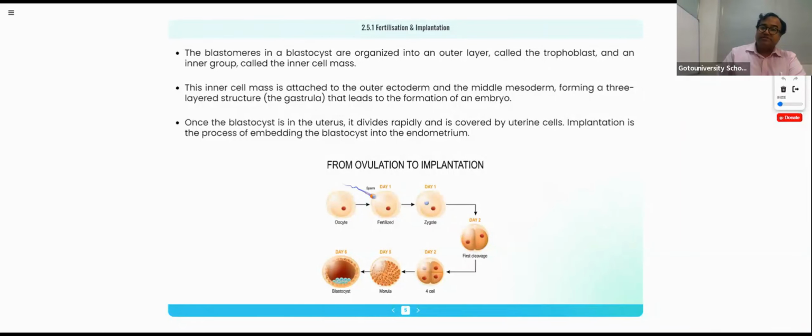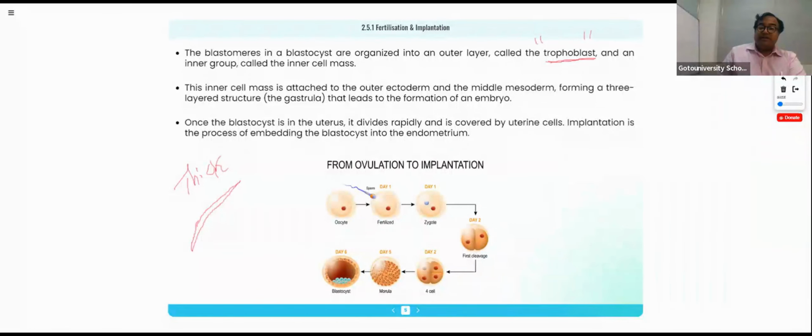This blastocyst structure indirectly denotes a thick layer formed around the group of blastomeres, not a thin layer. That thick layer of the group of blastomeres constitutes the trophoblast, right?